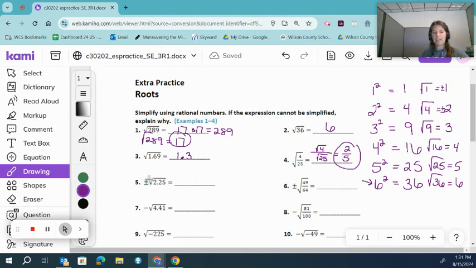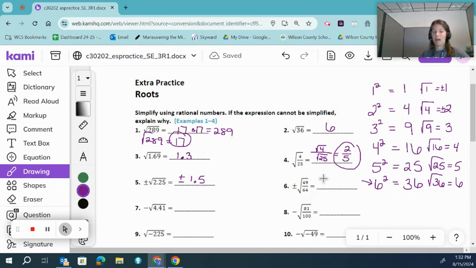Okay, and then here we have plus or minus the square root of 225. That means both the positive and the negative value. The square root of 2.25 is 1.5, since the square root of 225 is 15.